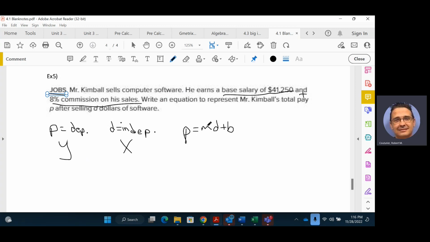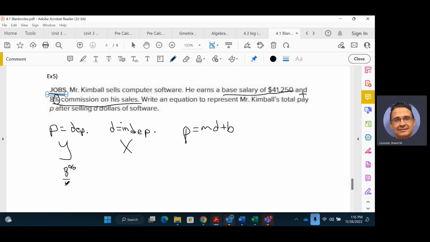Now, we have to figure out this rate. Remember this little percentage? We don't like this. We can't use this in math. When we have a percentage, we have to take this and turn it into something we can use. So you take this 8%, and that's right. Same thing we did in our simple interest. The percentage has to be turned into a rate.